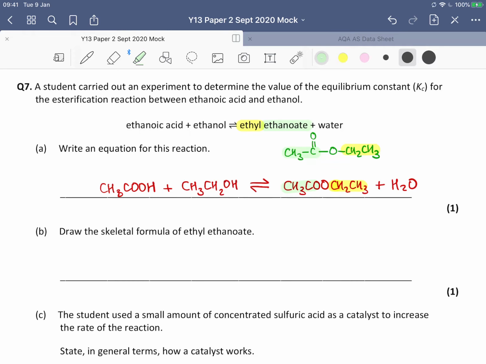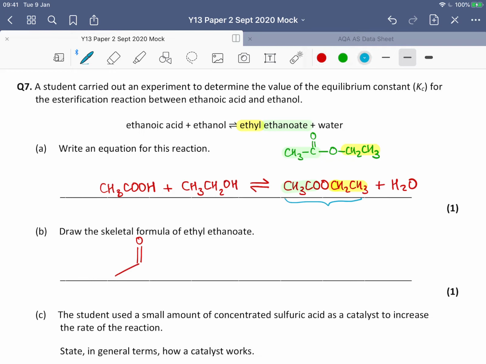So we've got to draw the skeletal formula of ethyl ethanoate, and our life is made easier if we have correctly written the equation, because we're drawing a structural formula for this substance here. So let's do it in that order. Let's do it in that CH3COO, CH2, CH3 order. So if I do that, that is the bit that I've got in green.